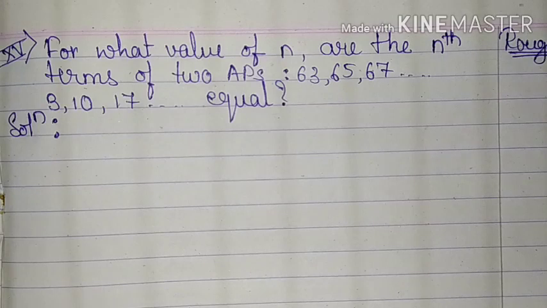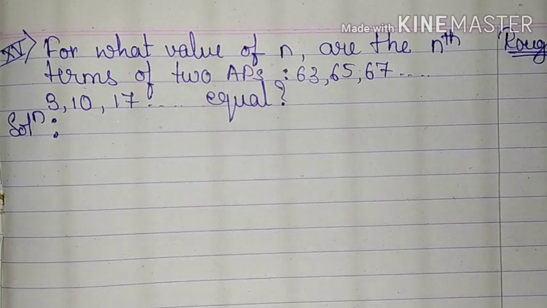For which value of n will the terms of the two APs be equal? We have to find the value of n for which both APs will have a common term.